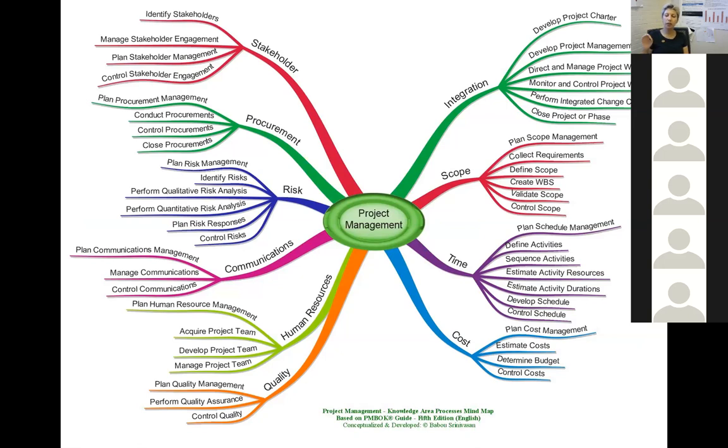Integration is about putting things together, and project charter is one of the things you do in this class that puts things together. Stakeholders is about making sure the people who have a stake in the project, they're informed, their input is valued, they are connected to the project, they champion the project if they can. And there's a stakeholder management document that you're going to create and you're going to work on sometime during the first 6 weeks.